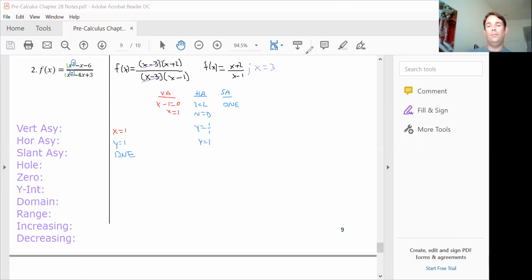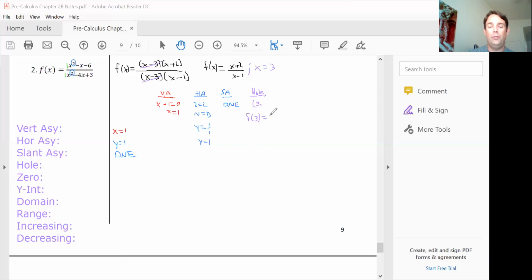All right, the hole. I know that x equals 3. That'll be the x value of my hole. And I'm going to plug it into the simplified function to figure out the y value.